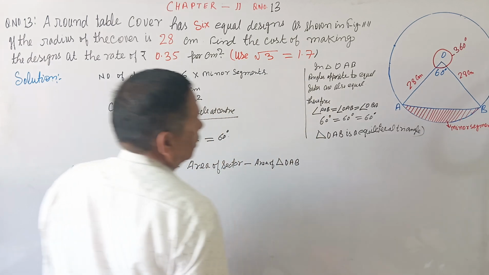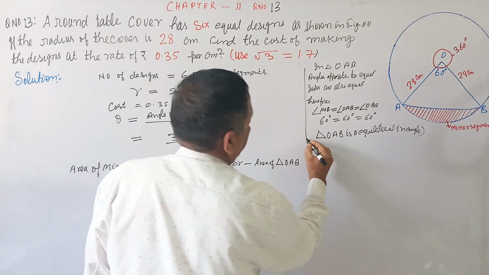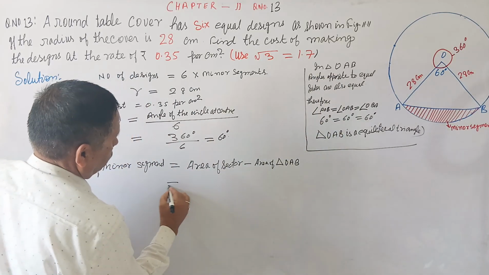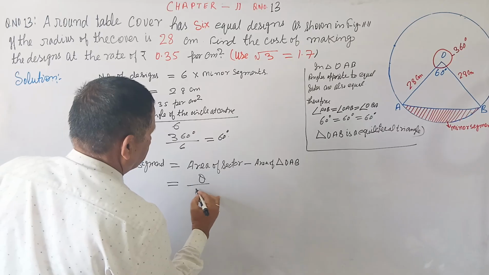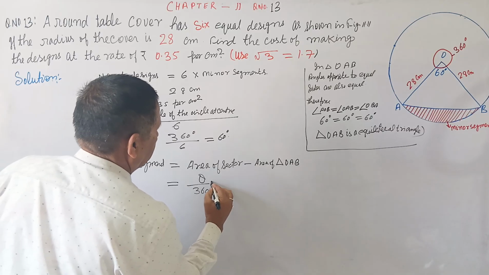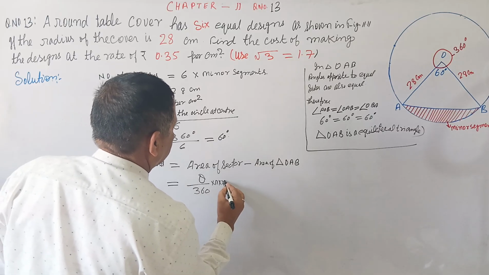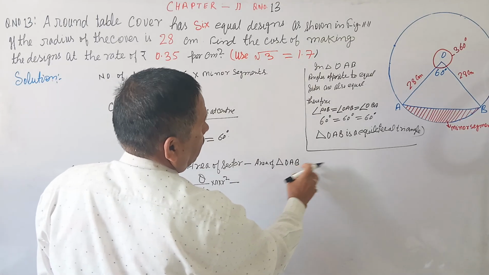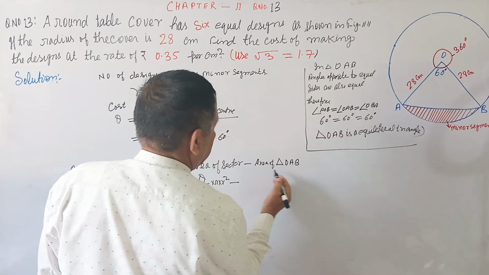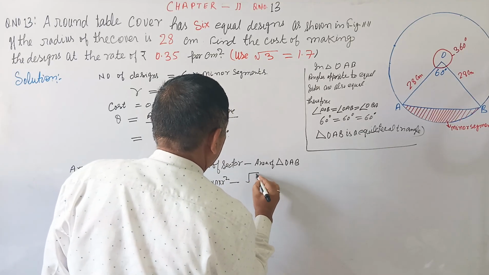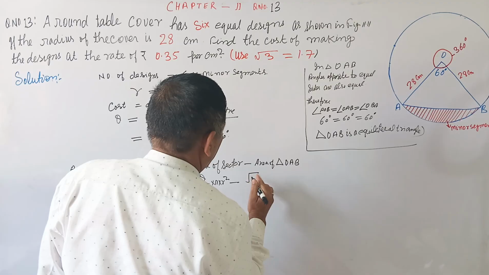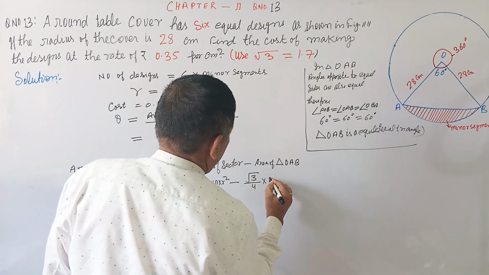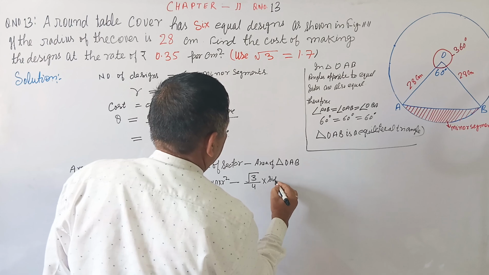We will put the formula for an equilateral triangle in this question. So the area of the sector we know is theta upon 360 into pi into r square, minus the area of triangle OAB, which is an equilateral triangle, so we say root 3 by 4 into a square, that means side square.